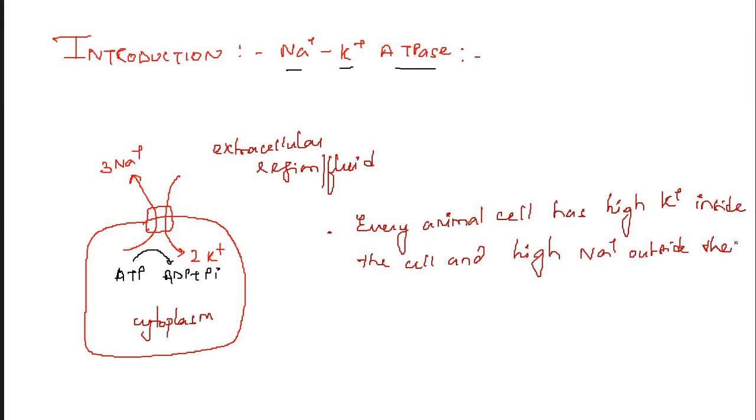This balance, high potassium inside and high sodium outside, is required for the normal metabolic function of the cell, and it is maintained by sodium potassium ATPase. If this ATPase were not there, the balance of sodium and potassium in the body would be disrupted and there would be several diseases related to it.